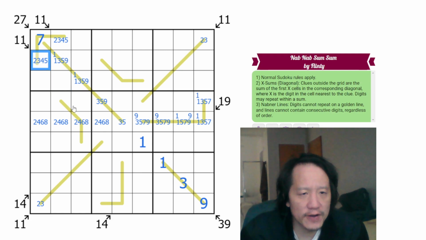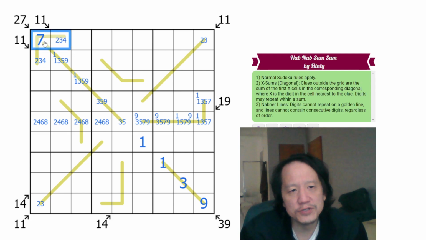Can this ever be 5? If you have 5, you would have to be with at least a 2. So 5 and 2. If you have 5, 2, this could be 1, but then this would have to be 2 and 3. Right? So 5, 2 is 7, plus 1 is 8, plus 2 and 3 is already greater than 11. So this can never be 5.